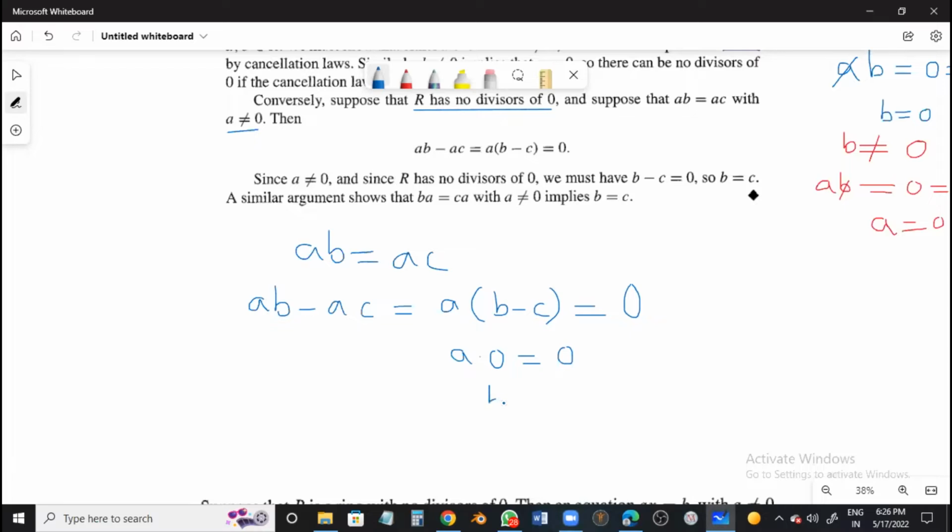And if B minus C is 0, it means B must be equal to C. Did you get my statement? B is equal to C. Means from AB equal to AC you started and you reached B equal to C, as good as cancelling A on both sides. Do you agree?